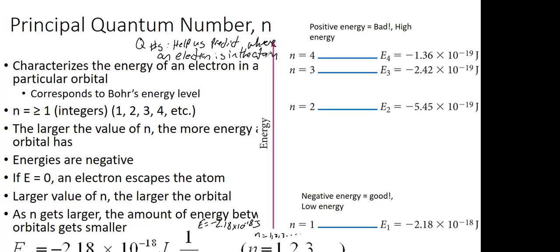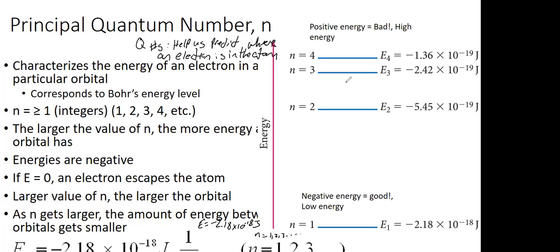Right? So we have different quantum numbers. And the first one we're going to talk about is the principal quantum number, right? And the principal quantum number we call n. And n is basically its energy level, the same as what we have been talking about.